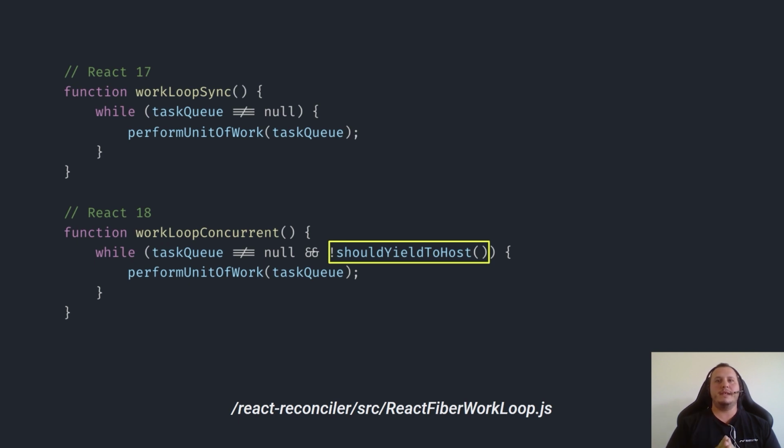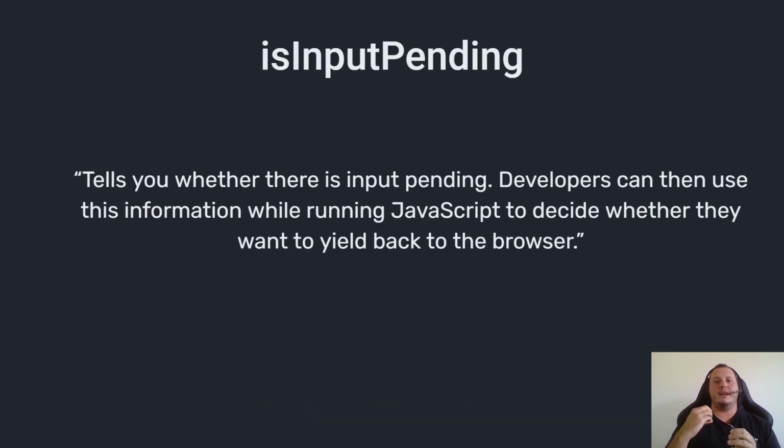Before we dive deep into what shouldYieldToHost does, let's see what isInputPending is. isInputPending is the first contribution by the Facebook team to propose, create and implement a JavaScript API. What they said is that it tells you whenever there is input pending.